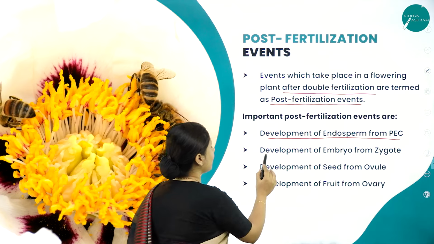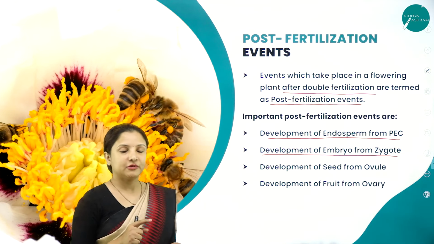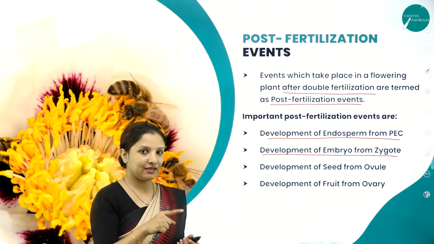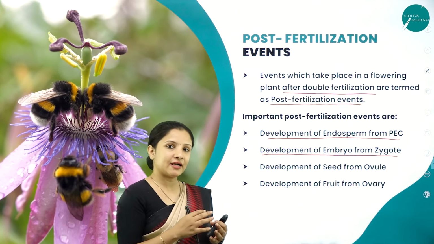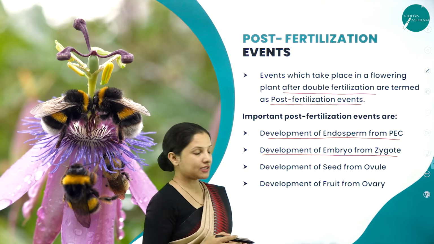Next, development of embryo from the zygote. The other male gamete will fuse with the egg cell, which will form a zygote after the fusion. That zygote will develop into the embryo.